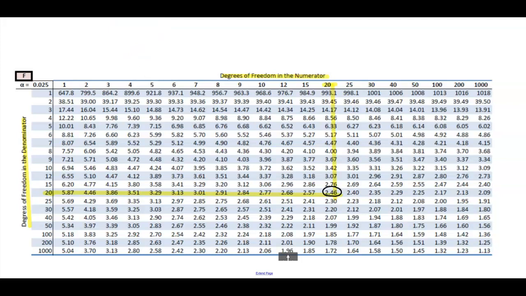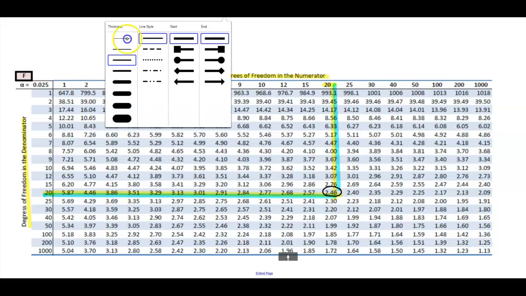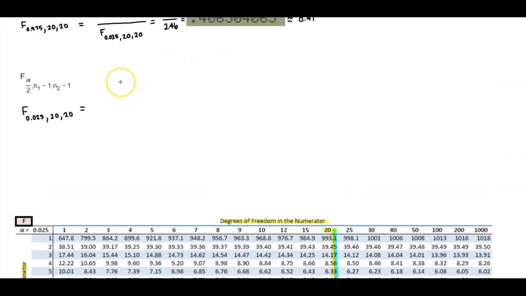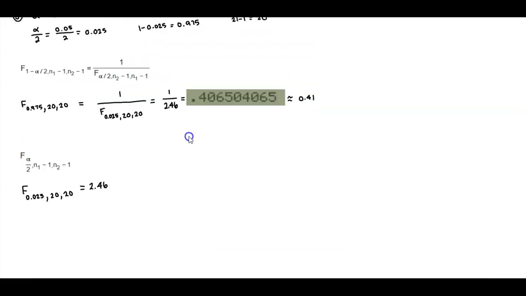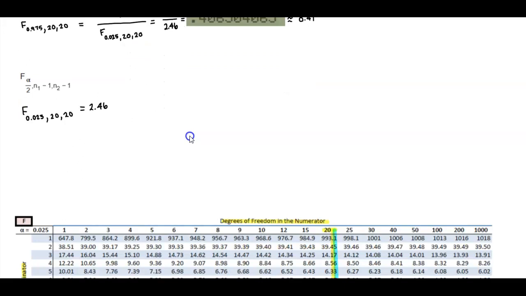It's going to give us the same value. When we go 20 here and 20 there, it's still going to give us the same critical value. So this critical value is 2.46.